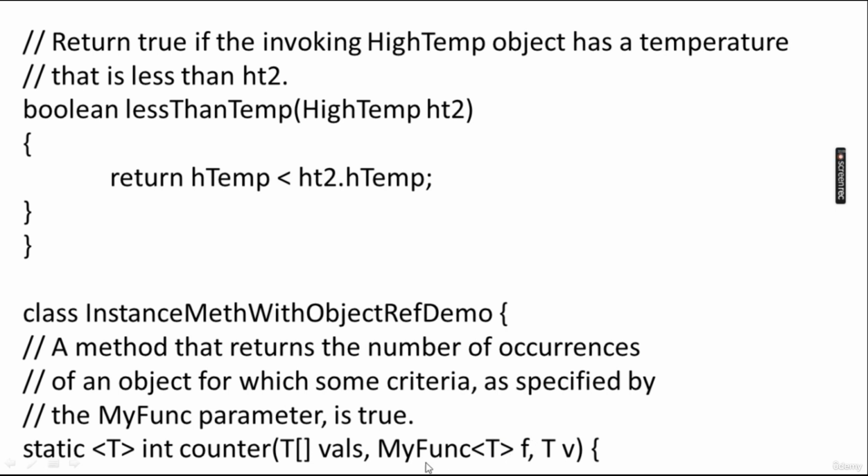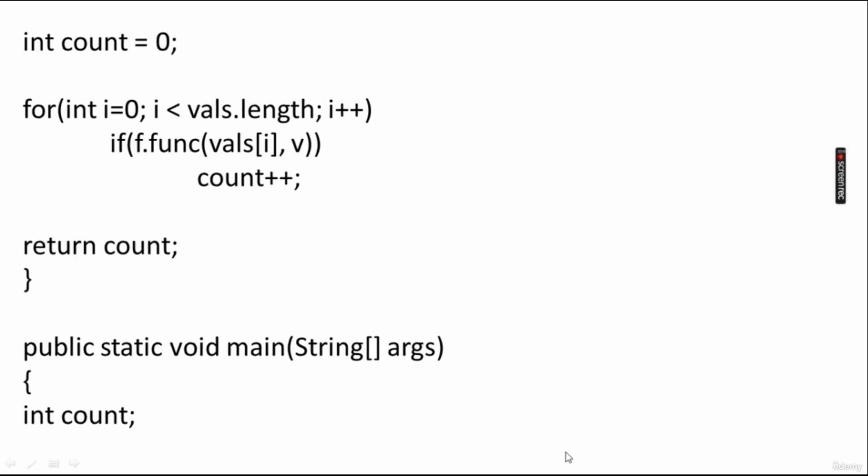This is the reference variable of the functional interface, and v is the value. For all vals.length, we call f.func(vals[i], v), we are counting the high temperatures and return the count.